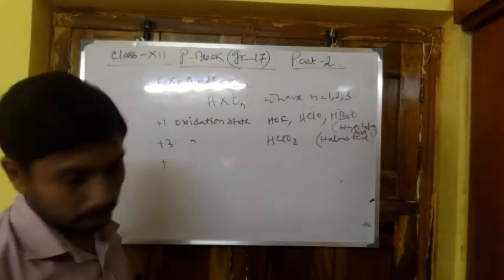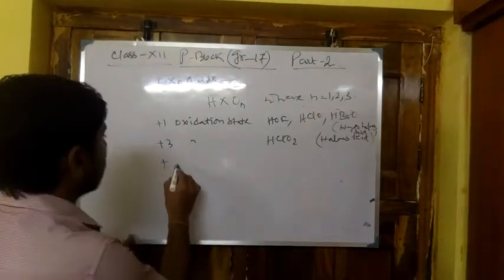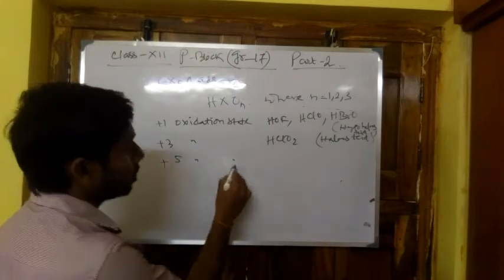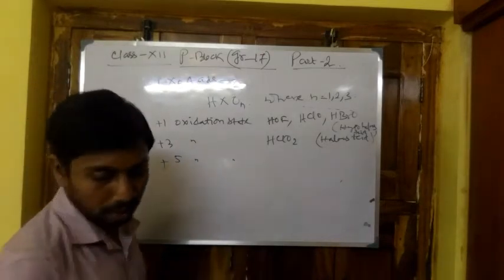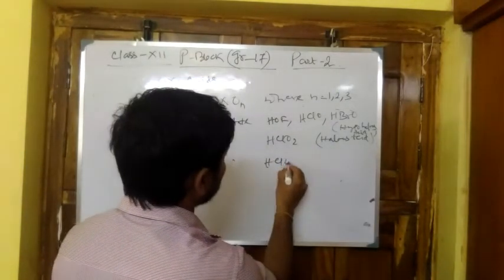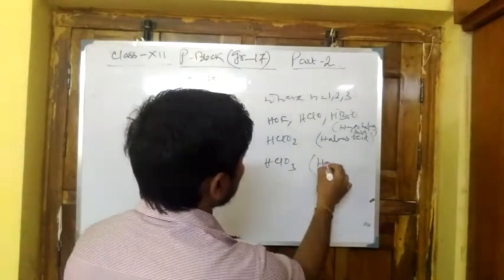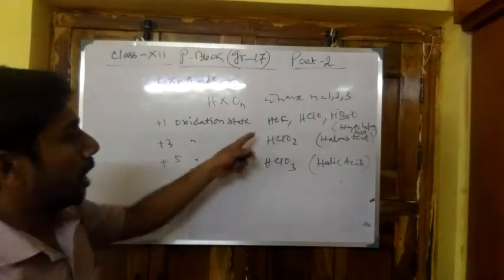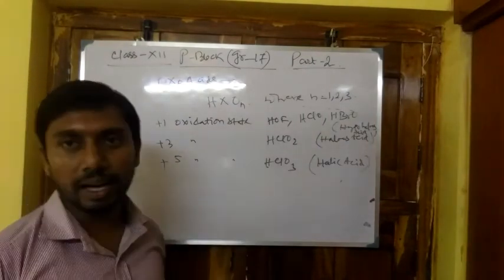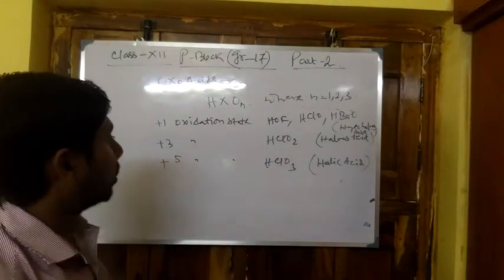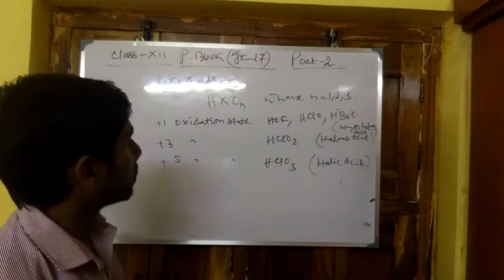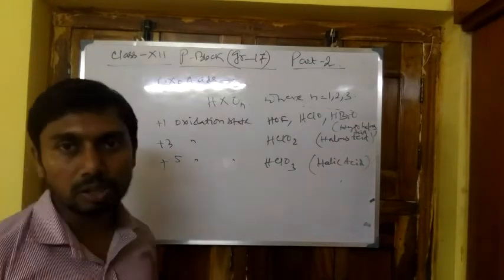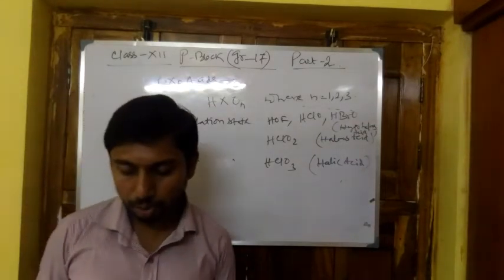In +3 oxidation state it is halous acid, and in +5 oxidation state it is HClO3, which is halic acid. So hypohalous acid, halous acid and halic acid. There are the 3 types of oxoacids that are formed in the different oxidation states of the halogen atom.